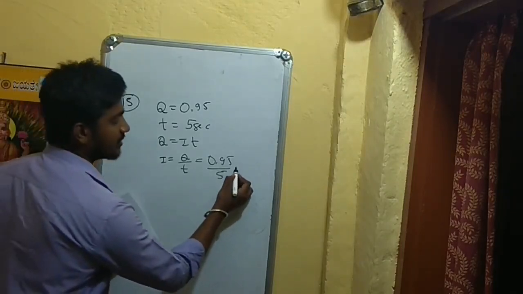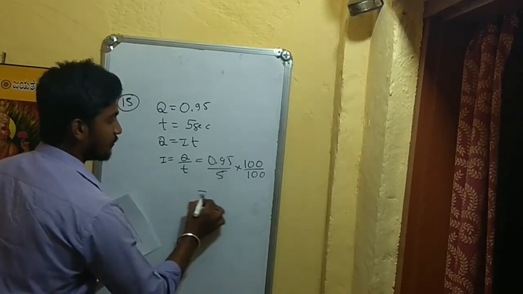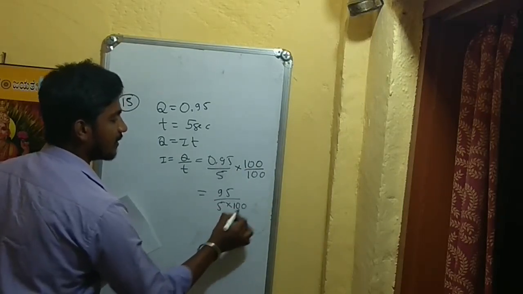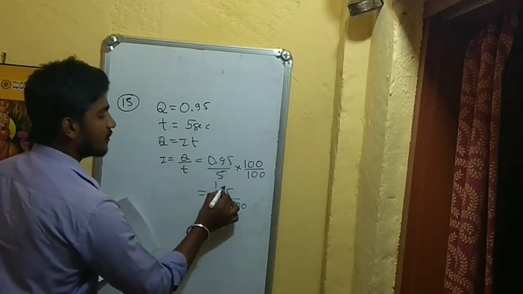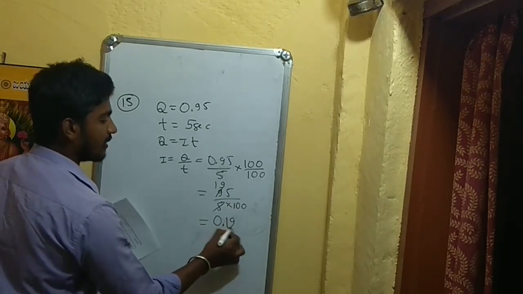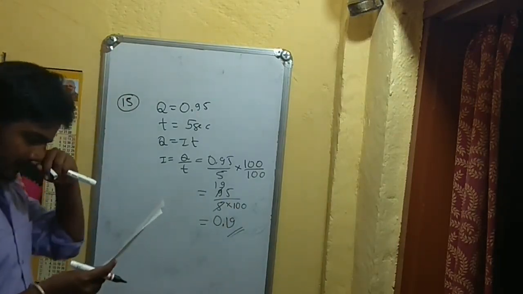First remove the fraction. Here 100 divided by 100. It will be 95 by 5 into 100. 5 ones are 5, 5 nines are 45. It will be 19 by 100, means 0.19. Answer will be B, 0.19 amps.